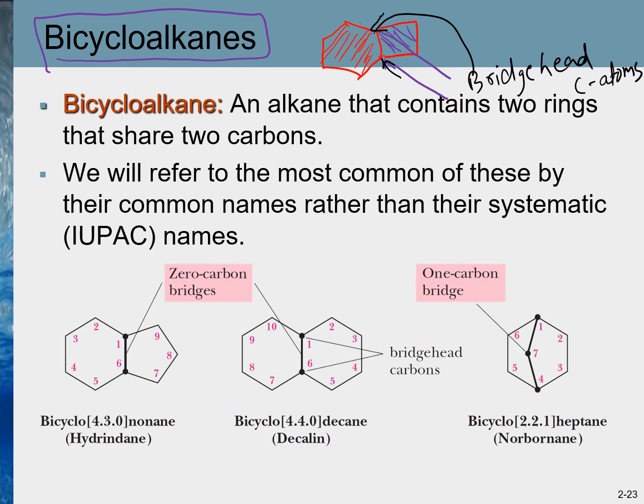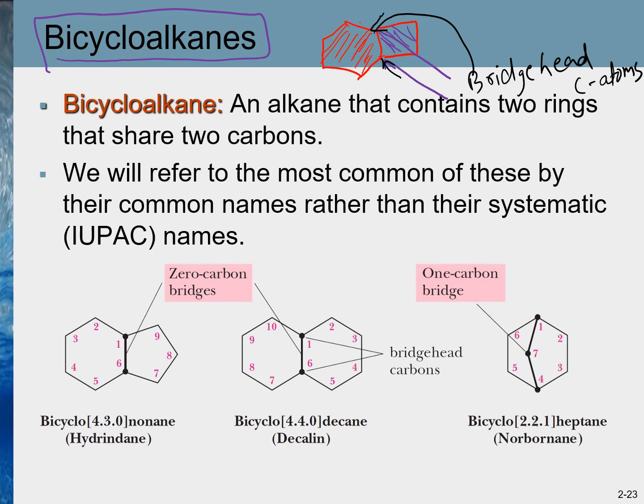In some cases, you may have more carbon connecting the bridgehead carbons. So for example, in this case, there is additional carbon right here connecting the two bridgehead carbons. The middle carbon is known as a bridge carbon.